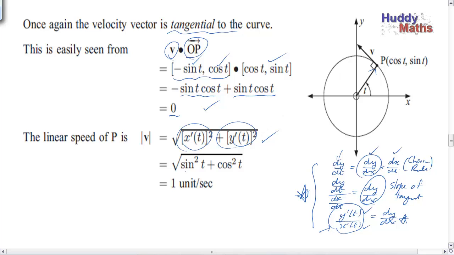That would then be the x component, negative sine t, all squared, plus cos t squared, which would be sine squared plus cos squared, which is 1 unit per second. Which again has to be correct because our whole theory here has been derived on the idea that the point is moving at the rate of 1 radian per second or 1 unit per second along the arc length in a unit circle.